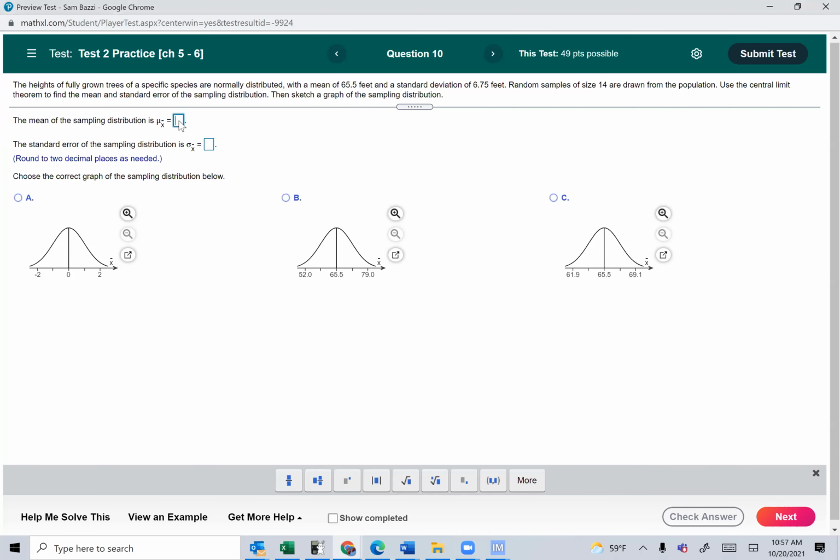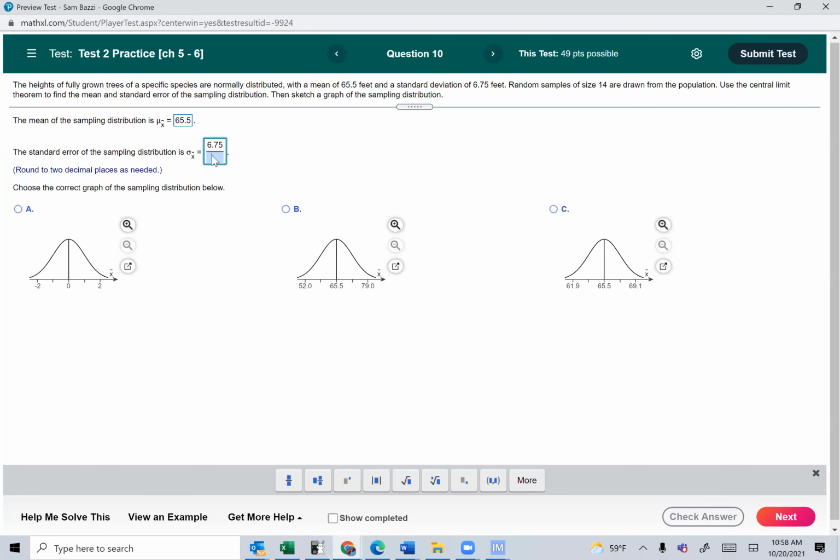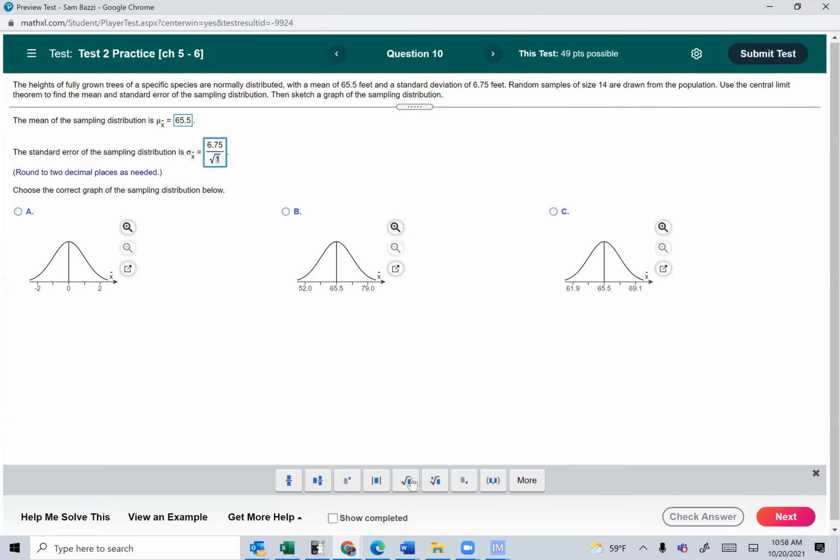We remember from the applet, guys, the mean is the same as the original mean, which is 65.5. And your standard deviation will be the original standard deviation, guys, which is 6.75 feet, divided by the square root of 14. And here is how you put the square root of 14 there.